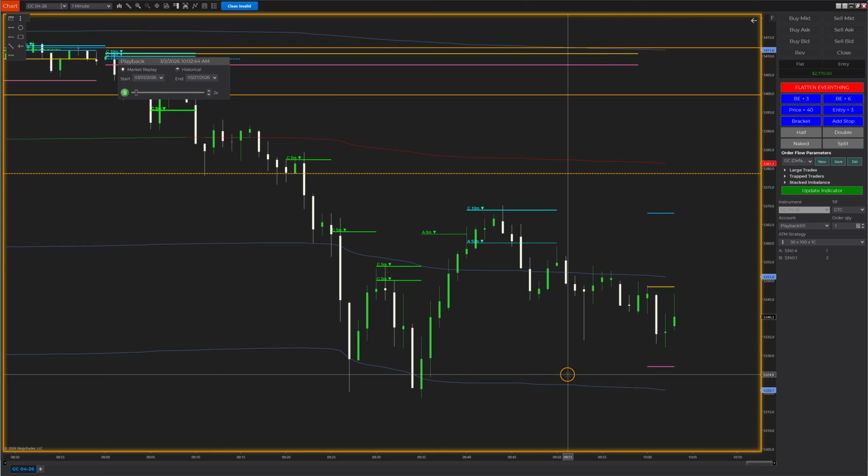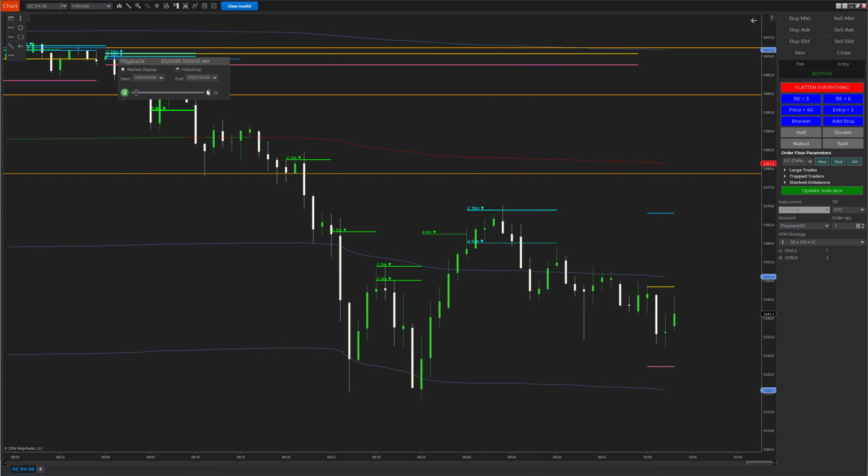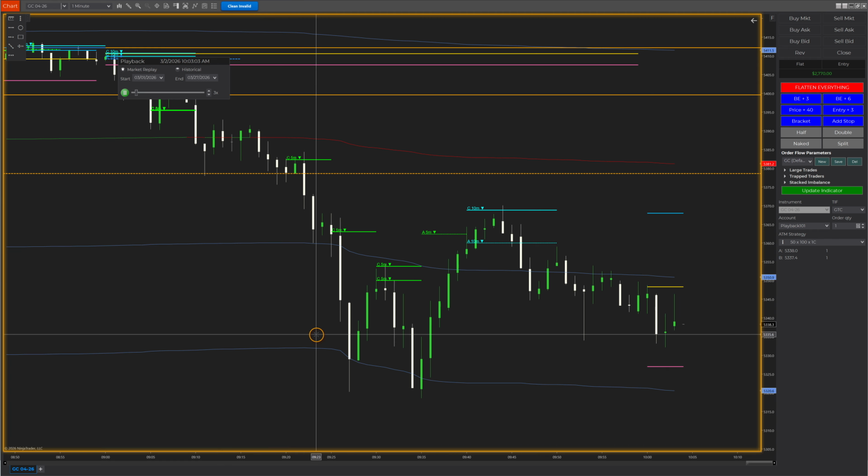Lots of hovering, just kind of hovering around here. Let's get a move on. These crazy wicks in both directions.